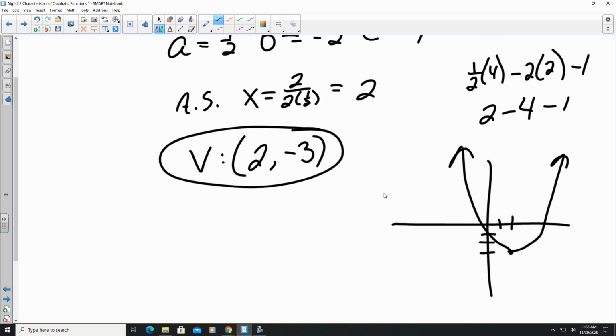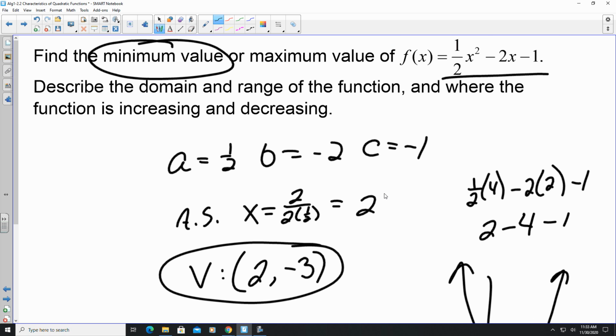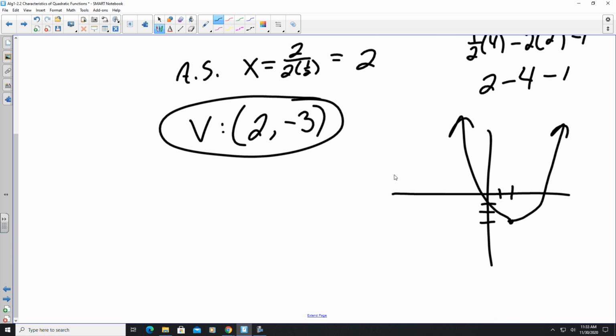All right. Here it says describe domain and range. Well, for this, domain is talking about the set of x values. That means that x can be any value. So that one's going to be all real numbers. My range in this particular instance, since this is a minimum value, everything's going to be above that value.